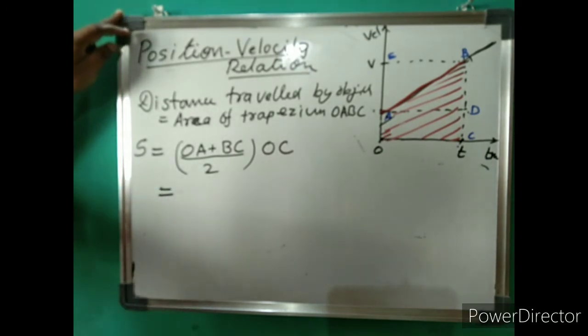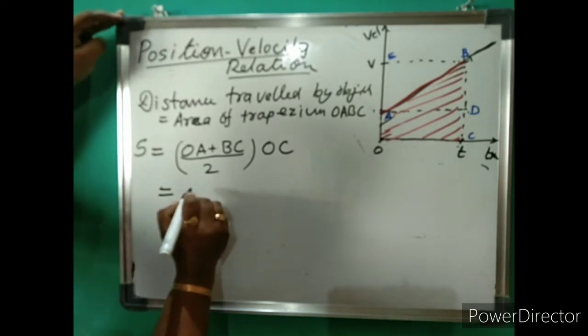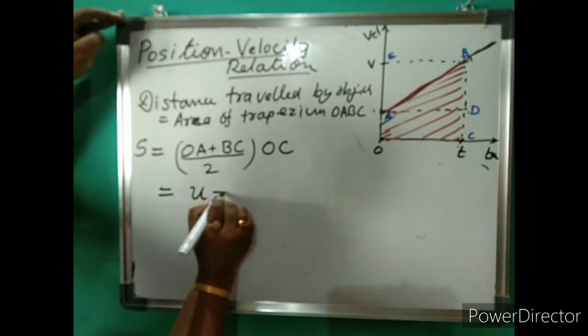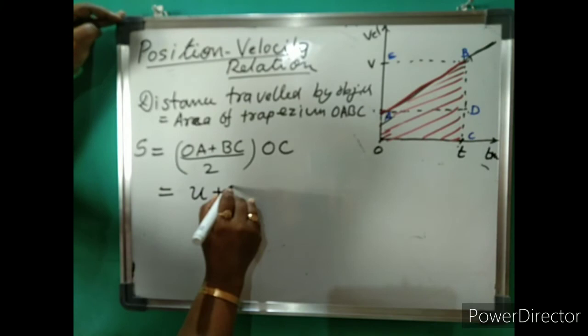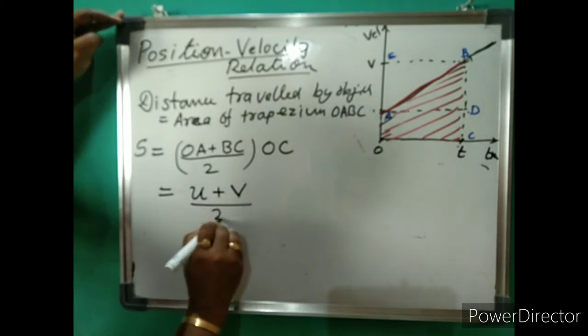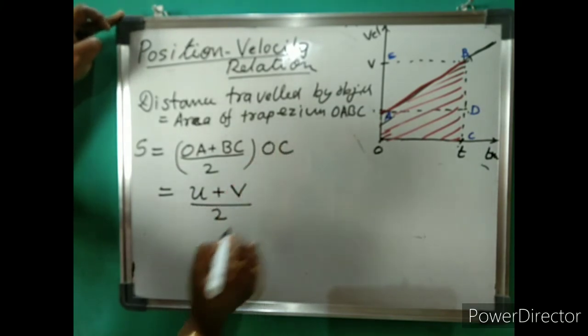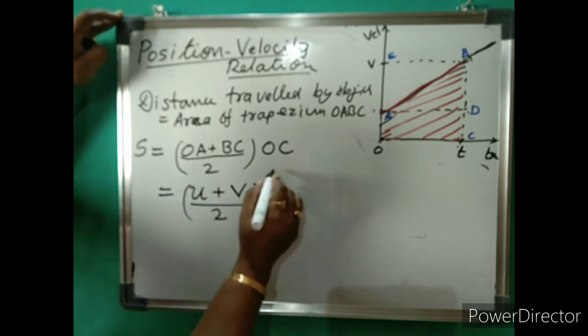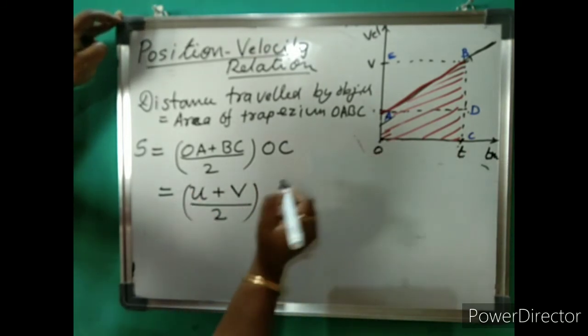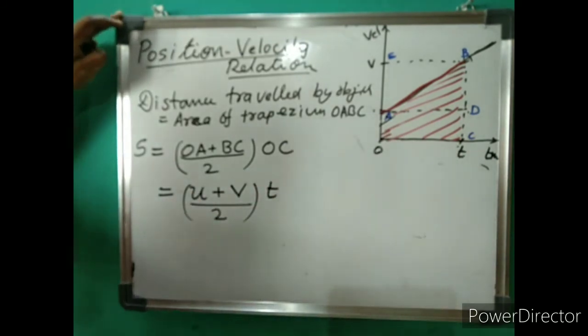OA is u, BC is v, so u plus v divided by 2 into OC, and OC is the time t.